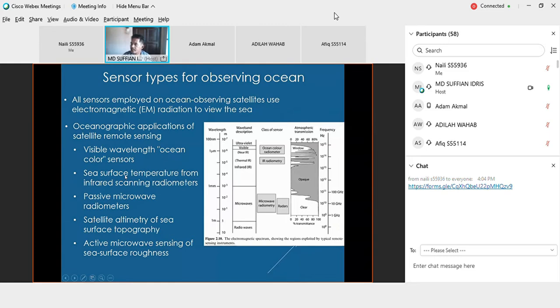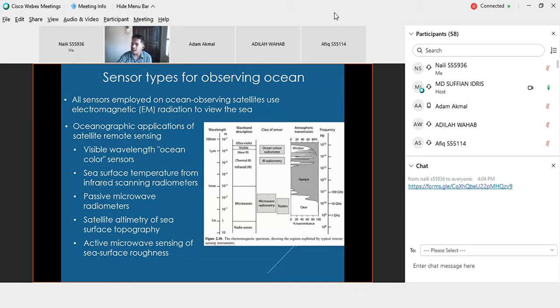And then sensor type for observing ocean. So dalam lecture pertama saya dah terangkan, kita ada visible, kita ada sea surface temperature, infrared measurement, kita ada passive microwave, kita ada satellite altimetry, dan juga kita ada SAR, active microwave using sea surface.